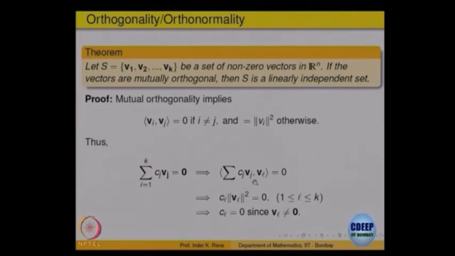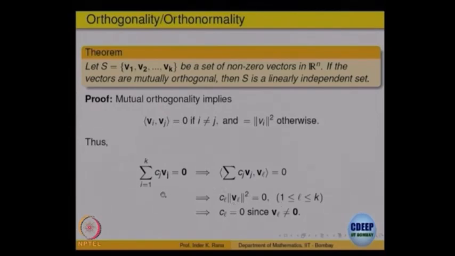What happens to this inner product? It is 0 when j is not equal to l, and when j equals l it is the norm of Vl squared. So only one term survives, when j is equal to l. So this is equal to Cl times norm Vl squared, and that equals 0. Since this is an orthonormal vector, the norm is 1, so Cl should be equal to 0.